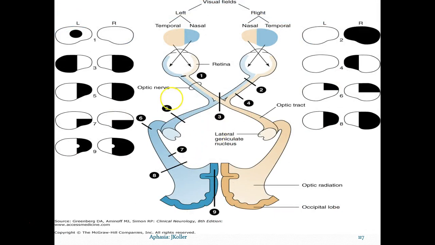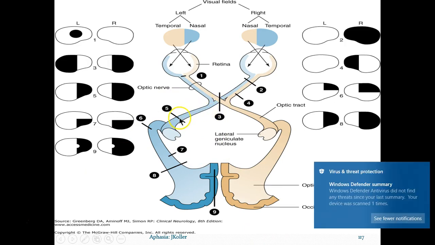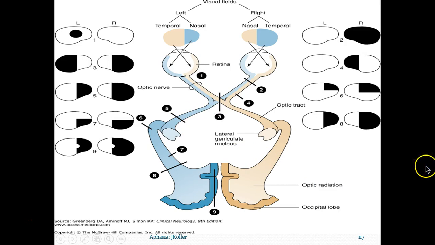Okay. I want to look at number 5 here, though. Number 5 is actually the same thing as that number 4 that we saw before, where the left optic nerve is severed here. And that's number 5. And what do we see? We see that this is okay and this is not, and this is okay and this is not. And that actually has a name.